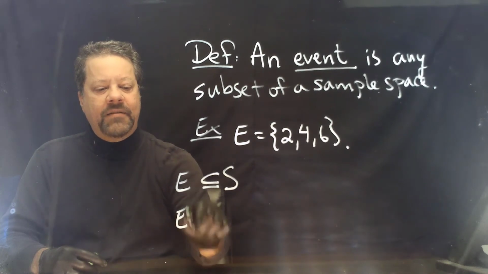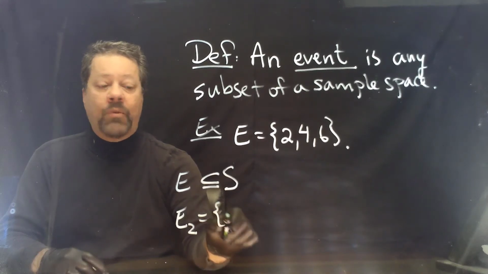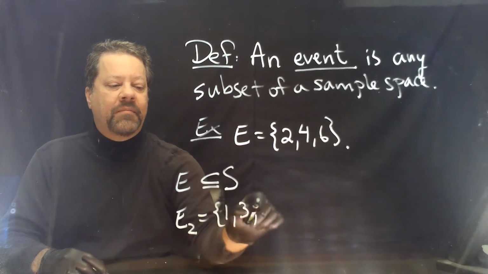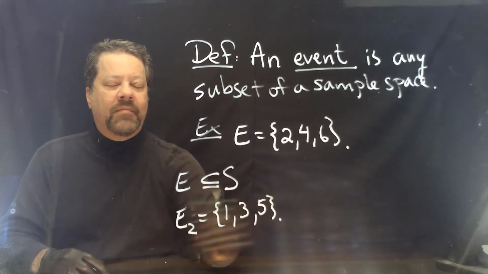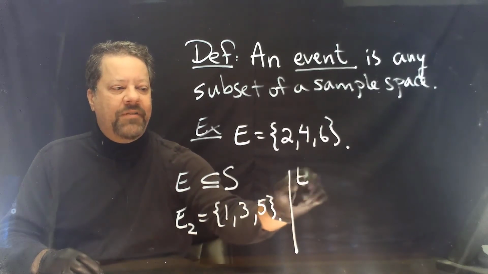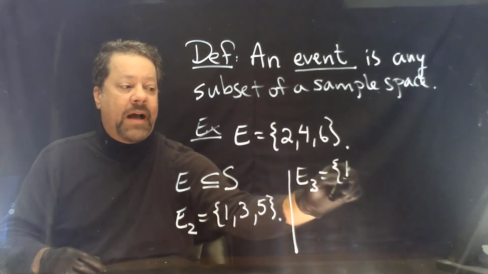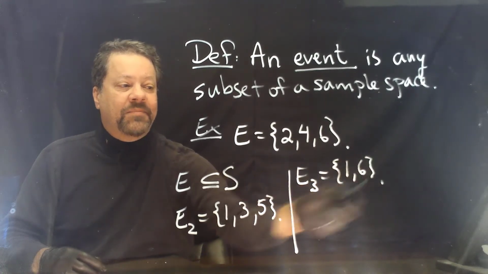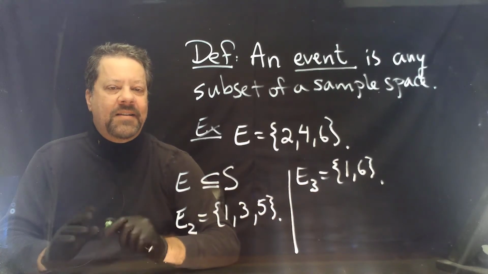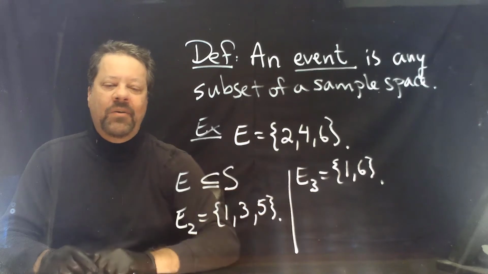Another event, let's call this event number 2, might be I roll an odd number. Events can take any number of different forms. One event might be I roll either a 1 or a 6. These subsets are sets, so they begin and end with a curly brace.